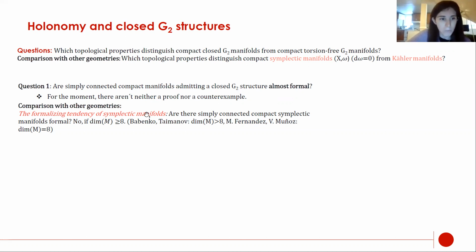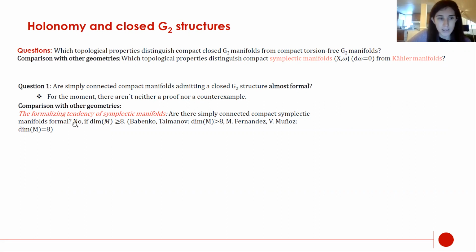But if we compare with scalar geometries, I somehow expect that the answer to that question is negative. Because there they had a conjecture, the so-called formalizing tendency of symplectic manifolds, that wonder whether simply connected compact symplectic manifolds are formal.